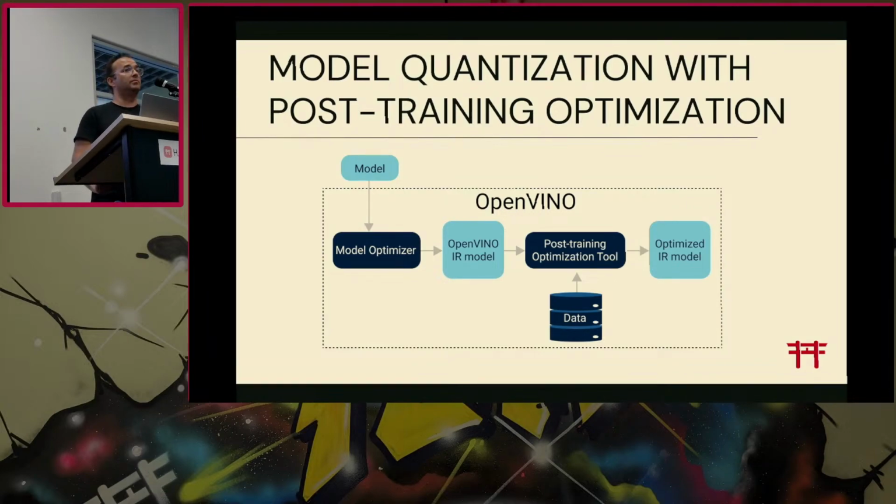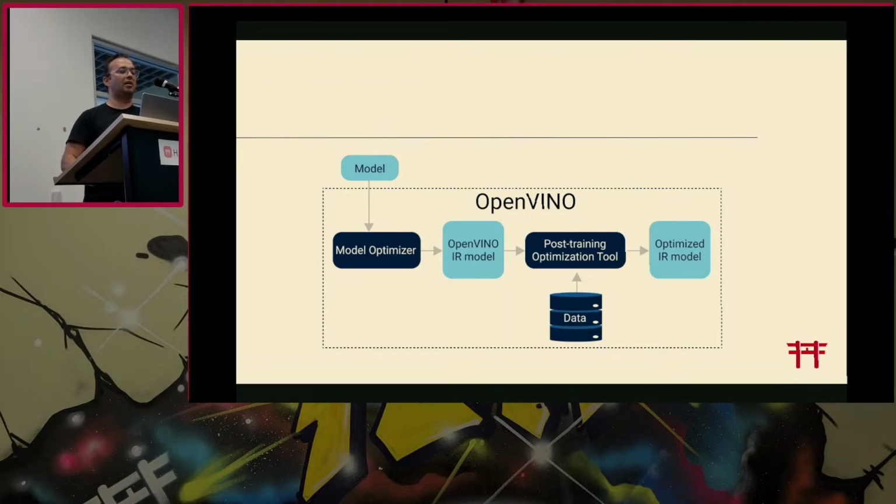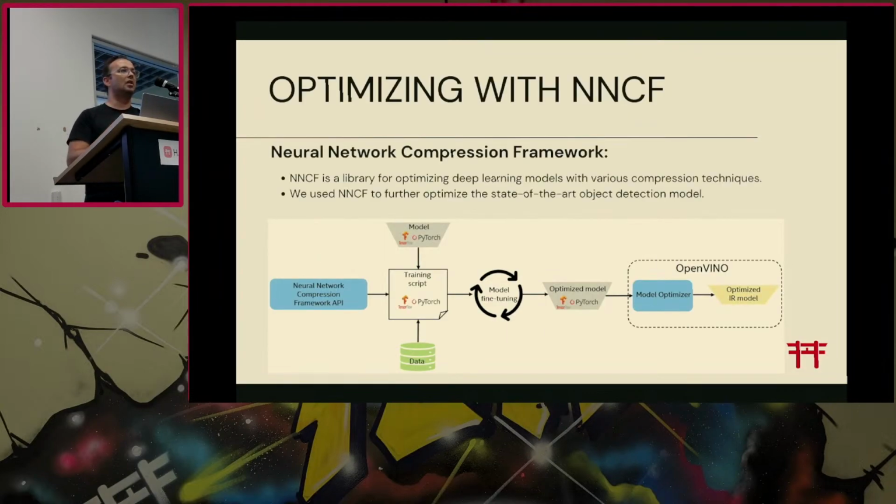Good. With OpenVINO, Intel's toolkit for inference on multiple hardware devices, we're going to be doing something that's called post-training optimization, or post-training quantization, and then we're going to be using a framework called neural network compression framework. That's a very advanced tool that applies several algorithms to make our models run very fast.